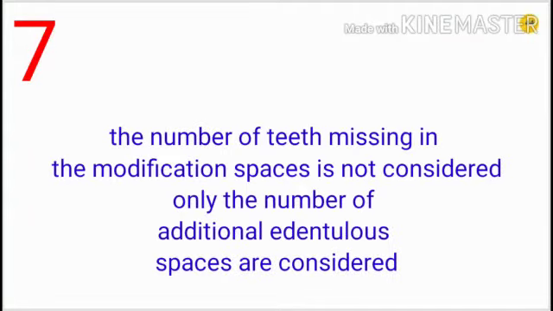Rule number 7: the number of teeth which are missing in the modification spaces are not considered. Only the number of the additional edentulous spaces are considered. Okay, so this is class 2 modification 1. Now here I have extracted a canine, a premolar.